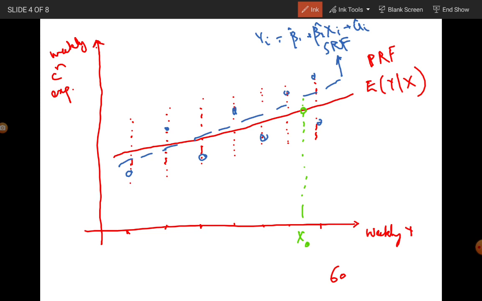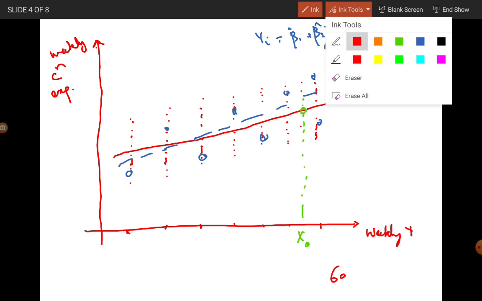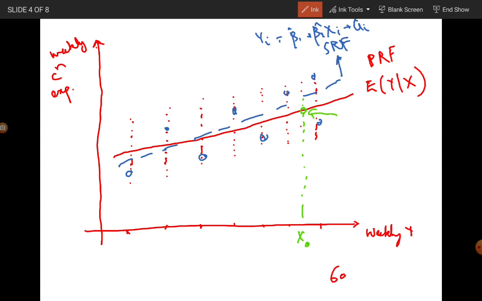Or suppose we had something like this. This would be called trying to predict the conditional mean. Trying to predict the conditional mean of y given the value x naught is called your mean prediction.